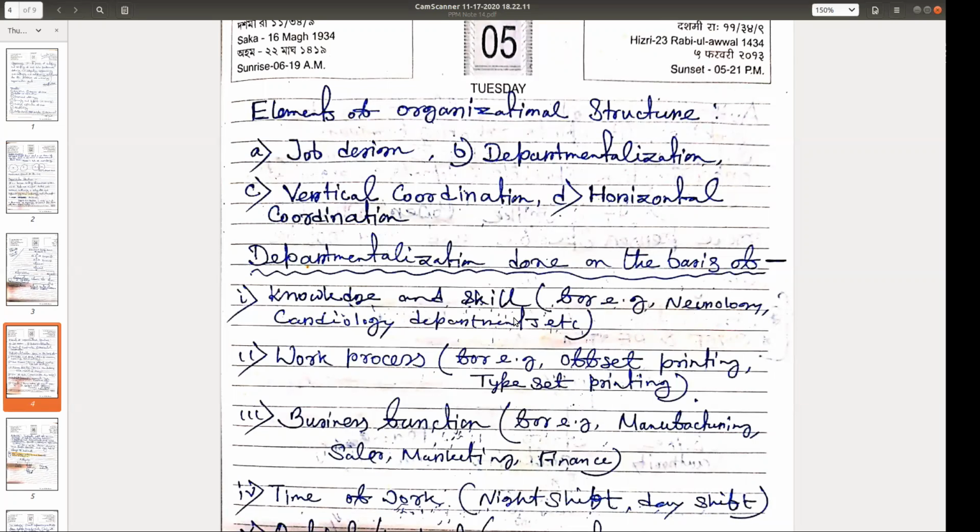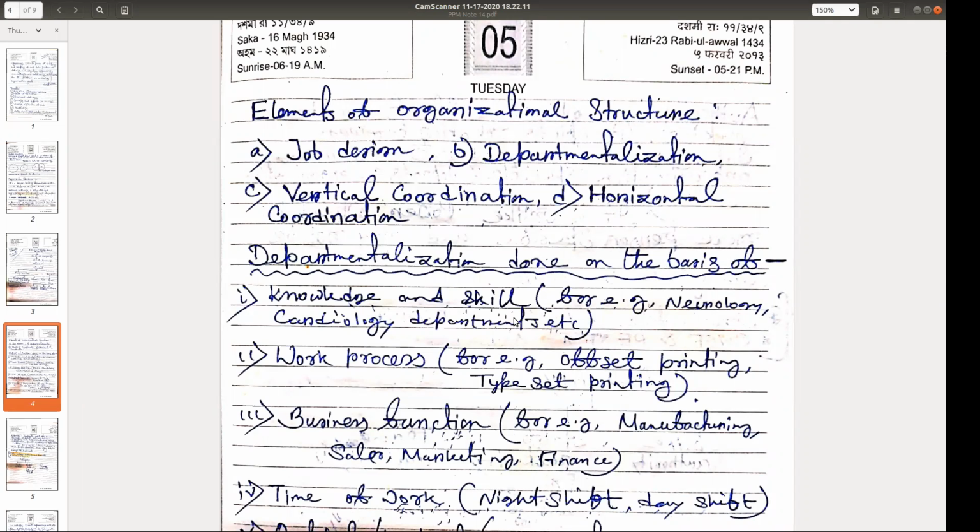Authority is a part of the organizing process, because you have to make the authority of your employees clear so that they can work freely. If you don't know your span of work, to whom you have to report, or what you are doing, then you cannot perform any task.